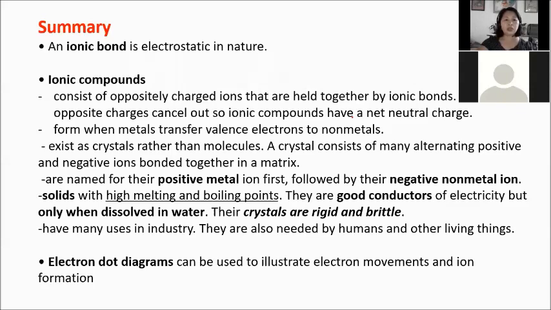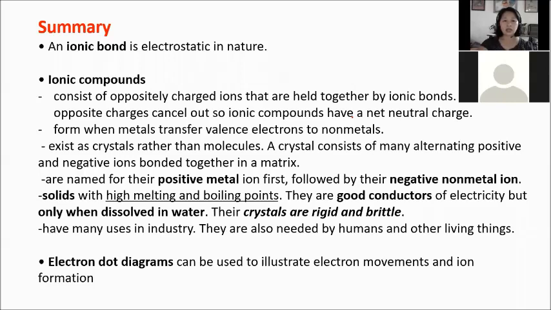Ionic compounds are solids with high melting and boiling points compared to water. They are good conductors of electricity when dissolved in water. The crystals are rigid and brittle. Ionic compounds have many uses, especially in industries, and of course in the human body and other living organisms.